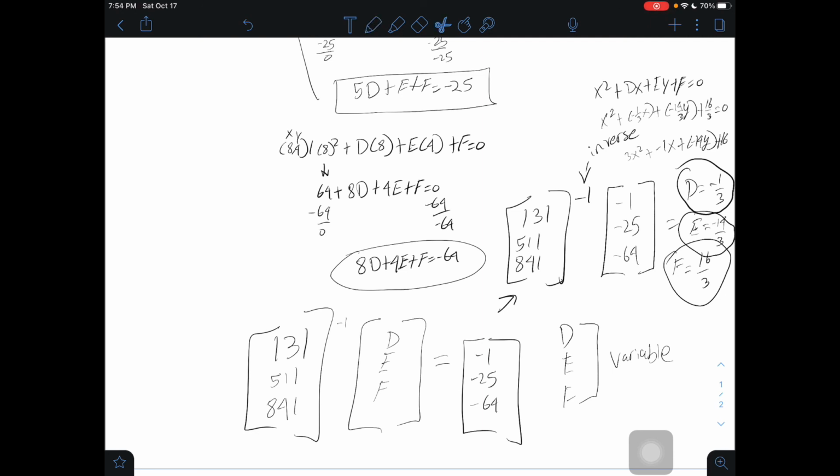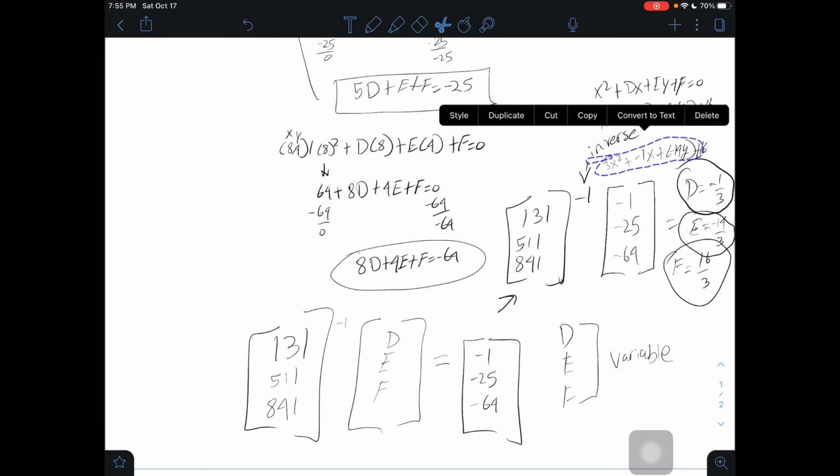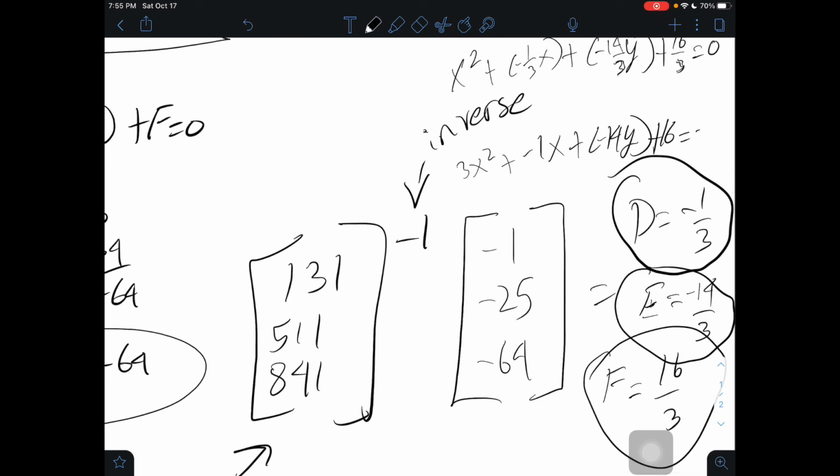Alright, so now we have the equation 3x squared minus x minus 14y plus 16, and this will all be equal to 0.